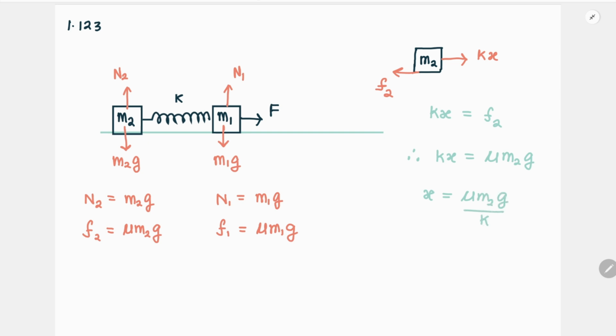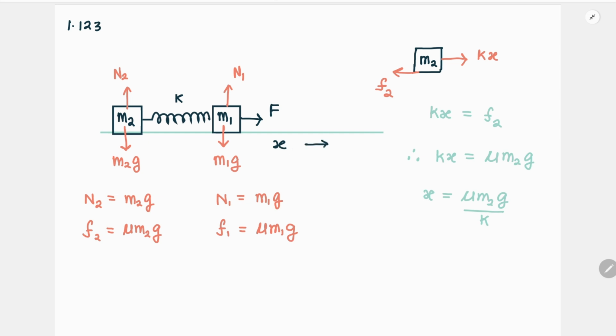This is the value of spring force that is going to act on m2, and it must be greater than the frictional force to make it move. This spring force is generated because of the displacement of m1.